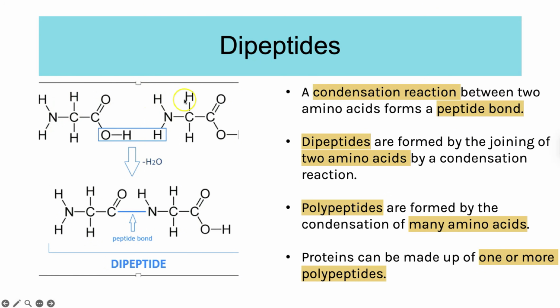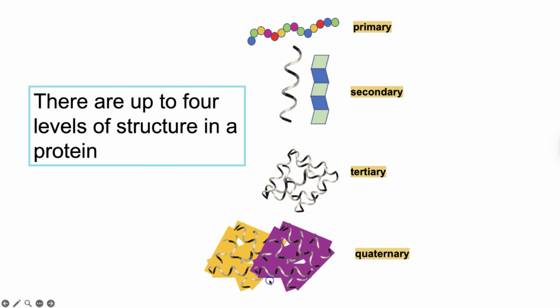The two molecules being joined together are 2 amino acids, and the bond that is formed is a peptide bond. So that is how we make a dipeptide. A polypeptide means many amino acids joined together via many condensation reactions, and many peptide bonds would form.